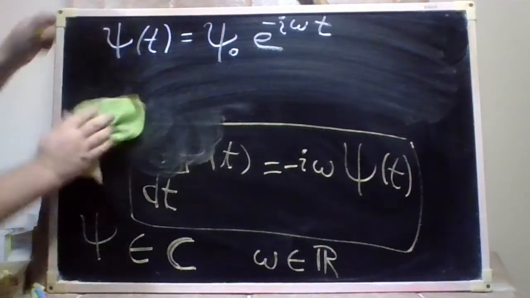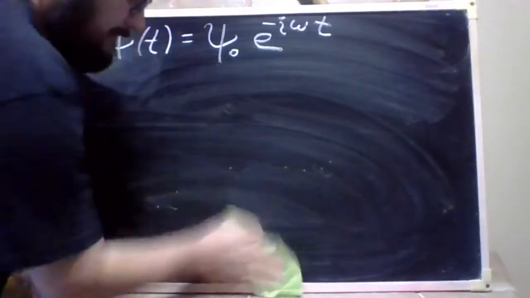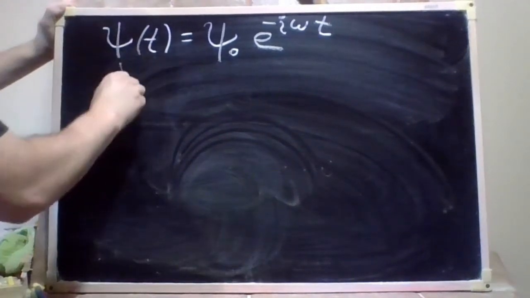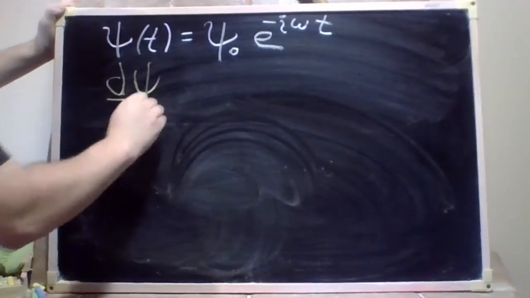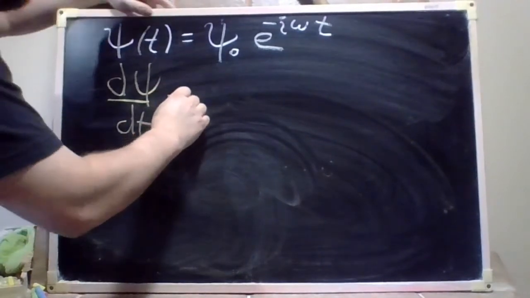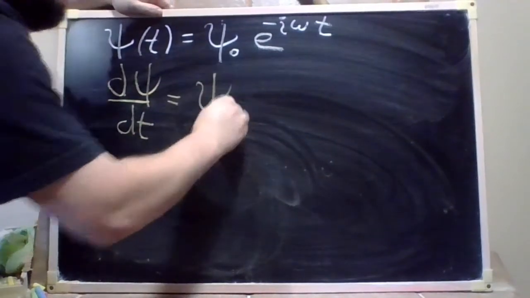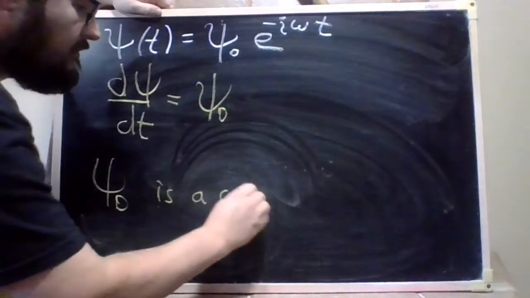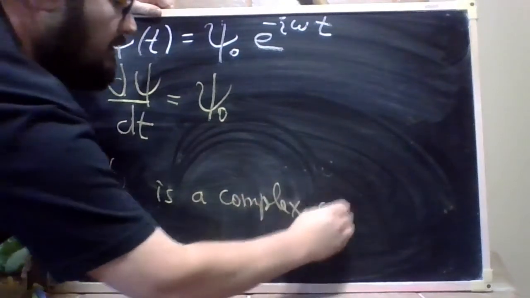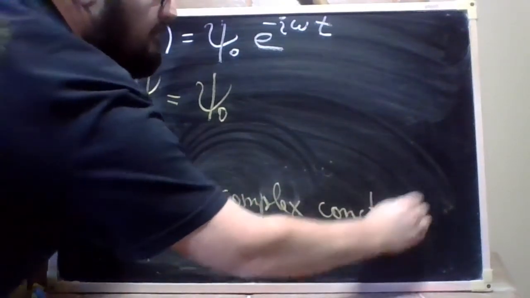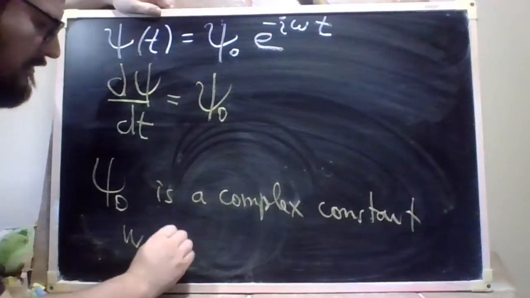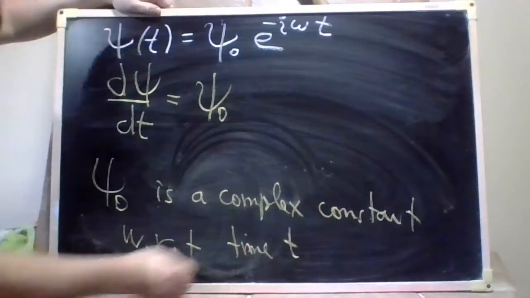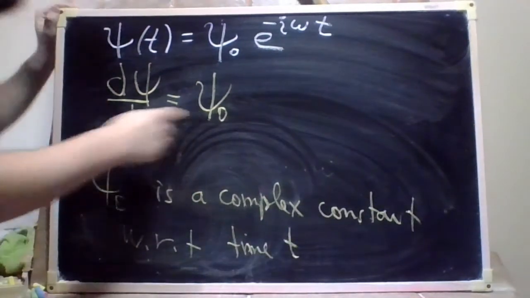And what does that mean? Well, first, if you take the derivative of that, you'll find that psi 0 is just a complex constant with respect to time. Right? With respect to time, this psi 0 is just a constant.